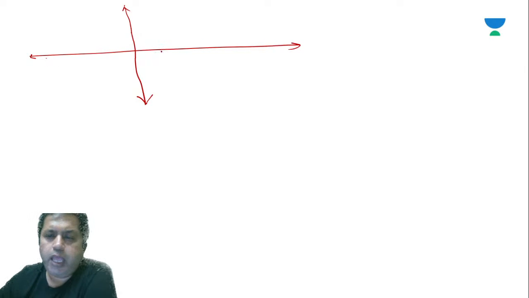So how to draw the pole zero plot? When I am saying s equal to a1, it is a real root. a1 is greater than 0, a2 is also greater than 0, a3 is also greater than 0.